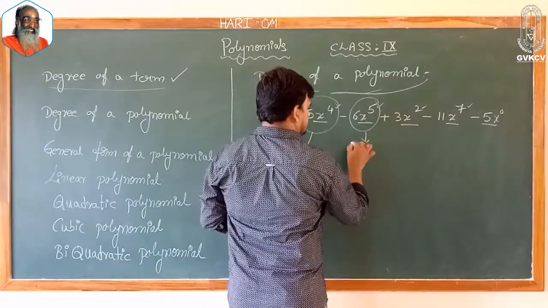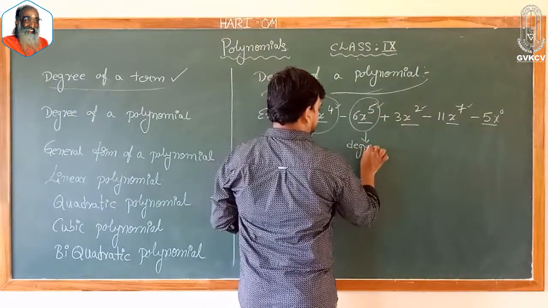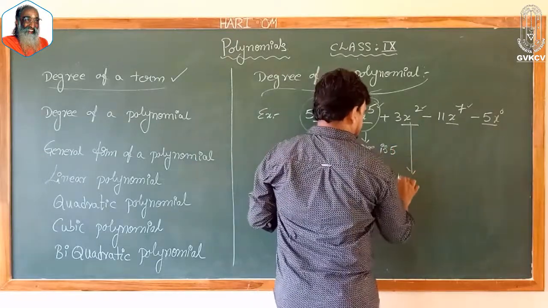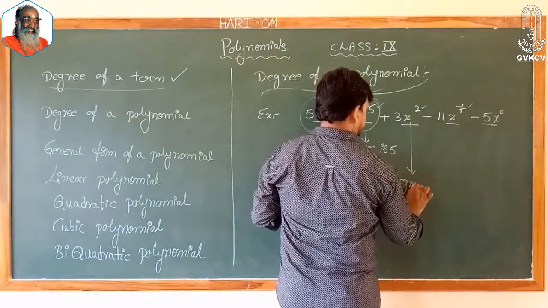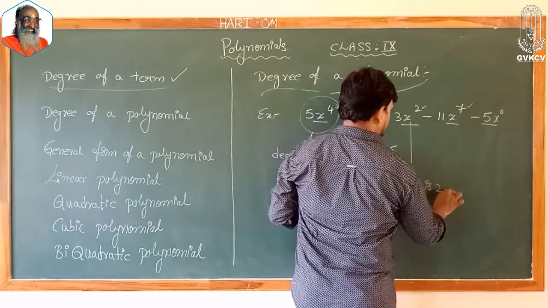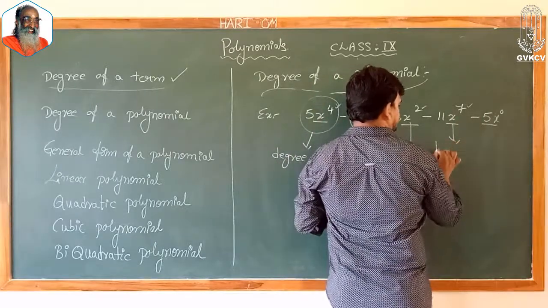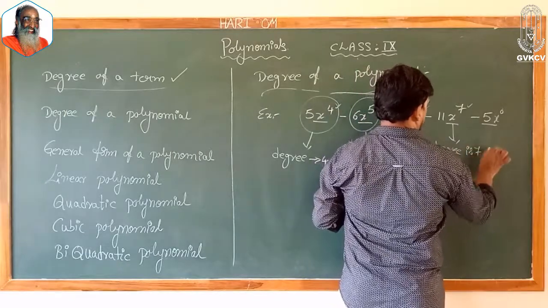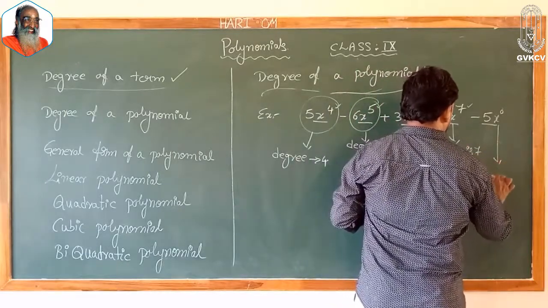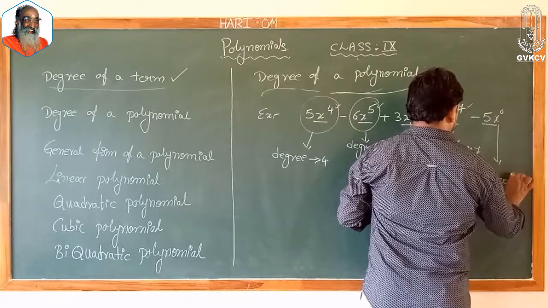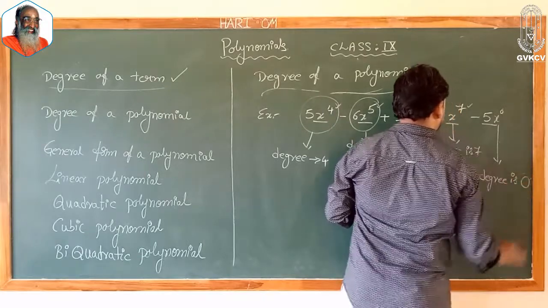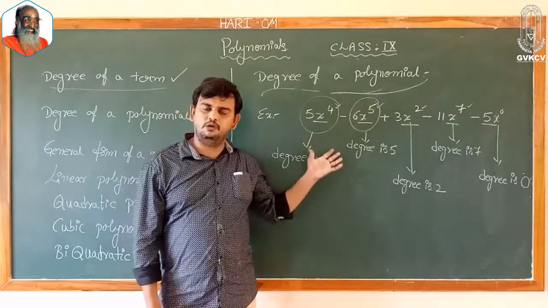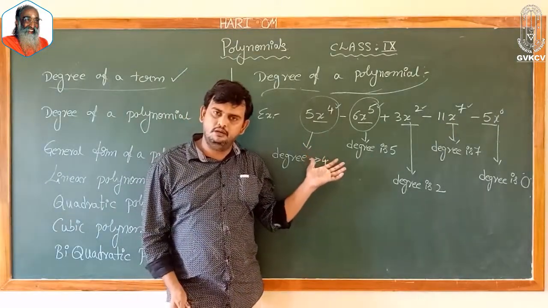Here the degree is 5. Here the degree is 2. Here the degree is 7. Here the degree is 0. So, for every term we have a degree. I have a total of 5 terms in this polynomial.